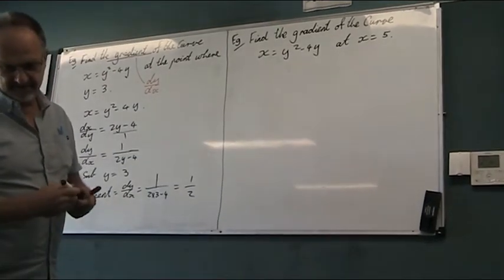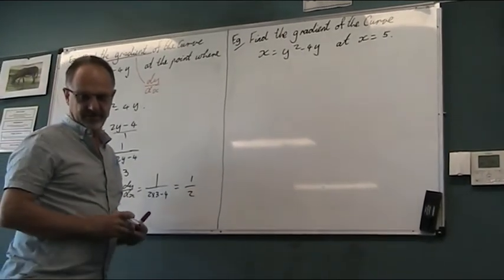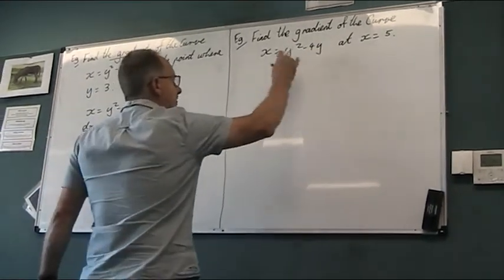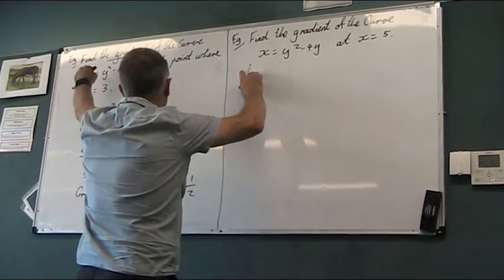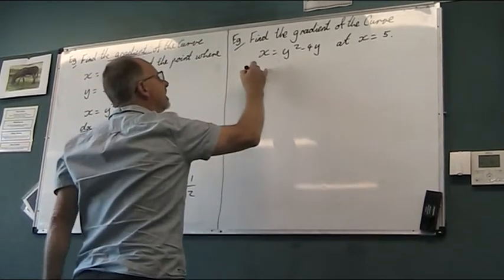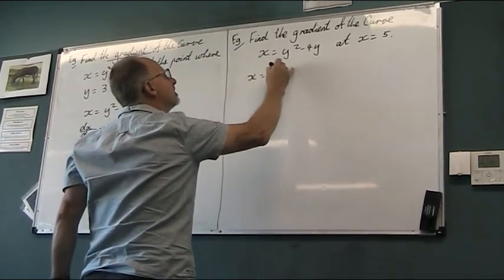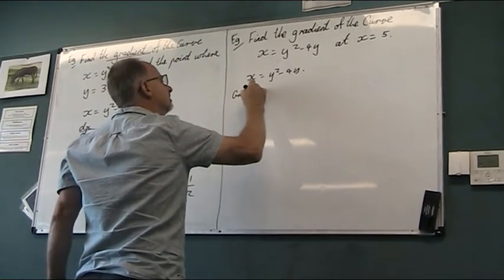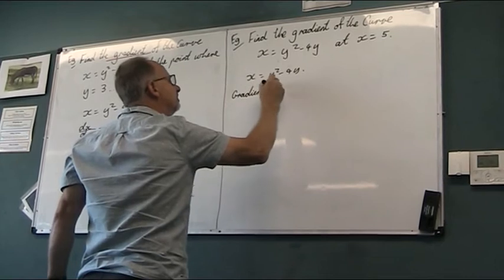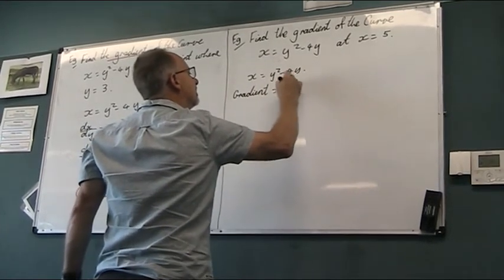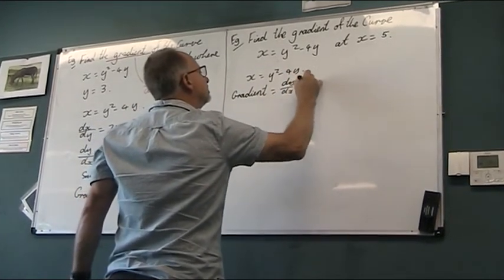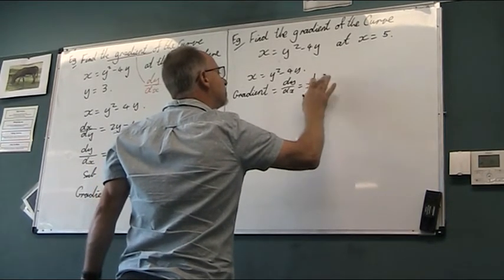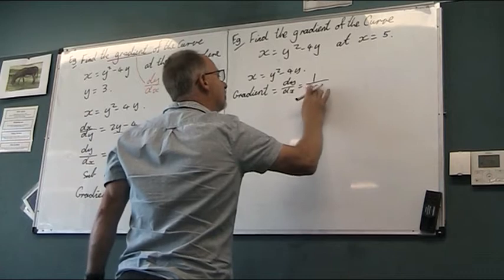Alright, so what we need to do then is we need to go, okay, the gradient is the same equation as there, so x equals y squared minus 4y. Our gradient, dy/dx, is 1 on 2y minus 4.